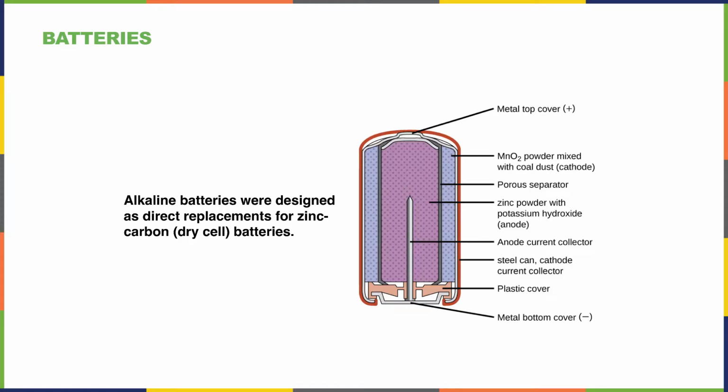Now, another type of battery are alkaline batteries, and they're designed as replacements for the zinc carbon dry cells, and they have better performance characteristics, and that's why they're used. You see the design is very similar. You have the top and bottom made of metal. Now in this case the electrode is coming from the bottom as opposed to the top.